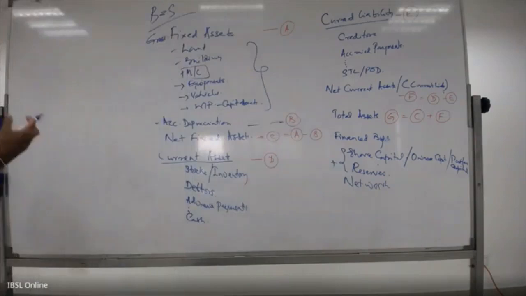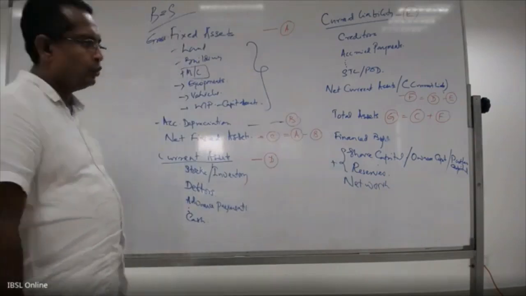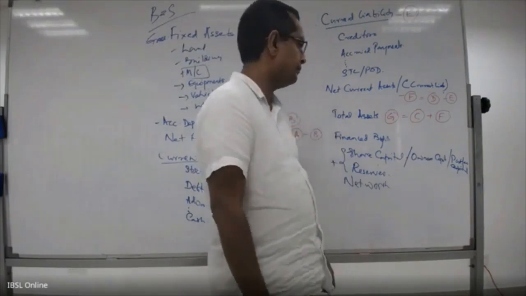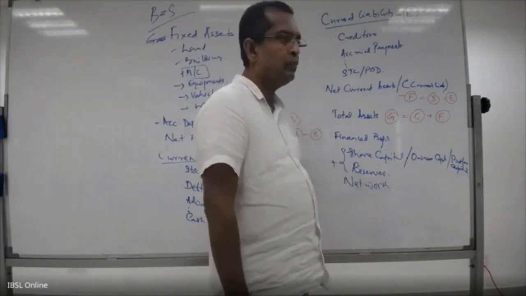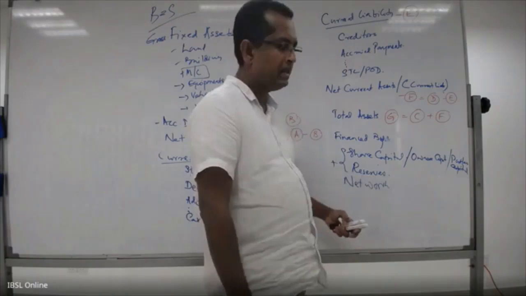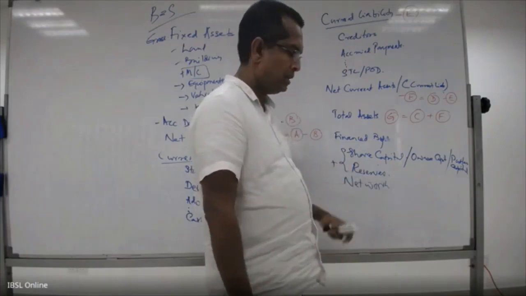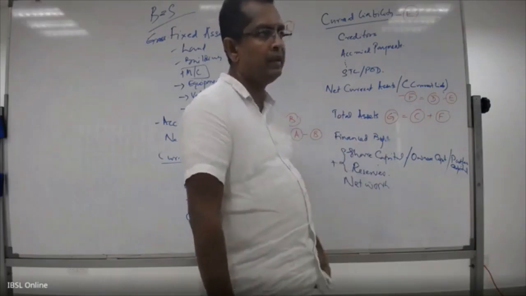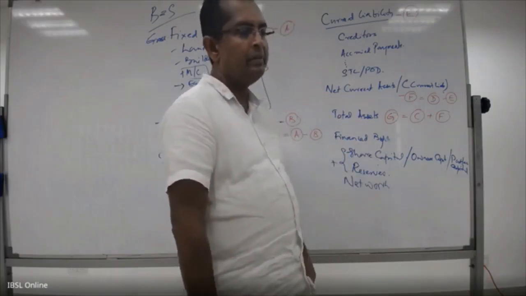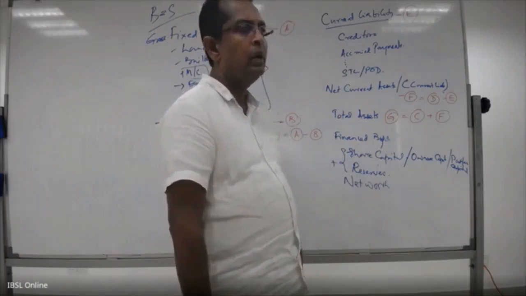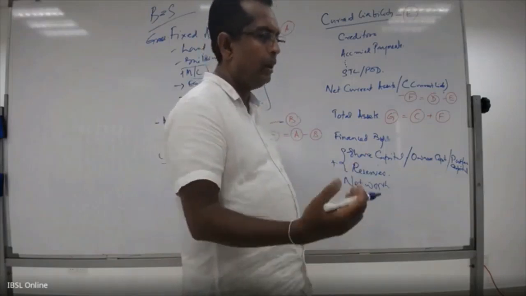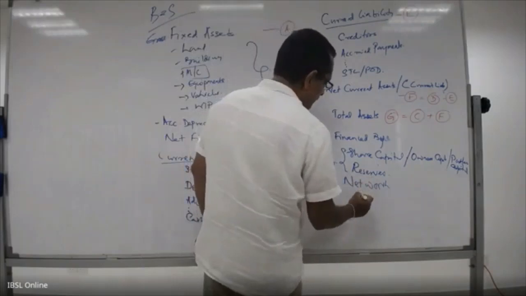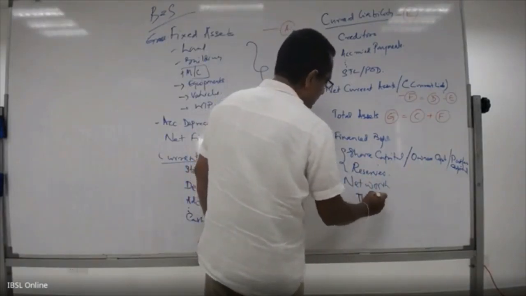If it is a sole proprietorship, you can call it owner's funds, partners' funds, like that, not net worth. Share capital and net worth, two words are used only when it is a limited liability company. Then after that you have term loans and leases.